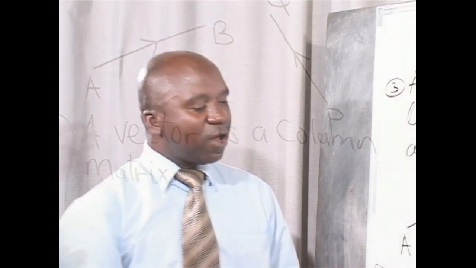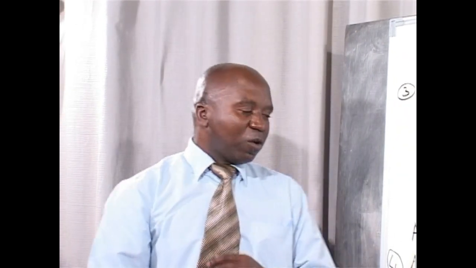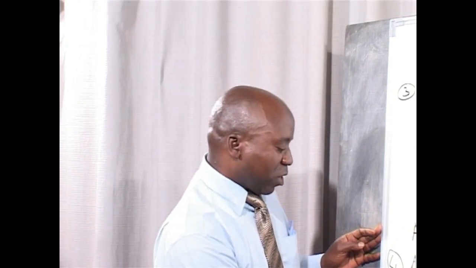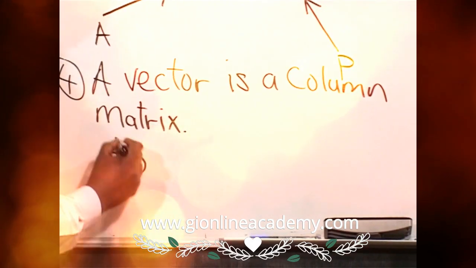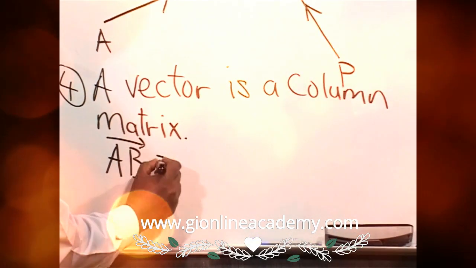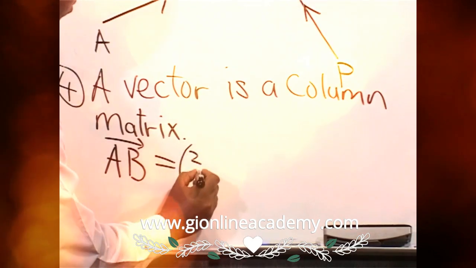When we say a column matrix, this is just a matrix which has one column. So we can have a vector like this one. I'll say vector AB equal to 2, 3. This vector is now written as a column matrix. You can see this is a 2 by 1 matrix, only one column. So vectors will usually be represented as column matrices.